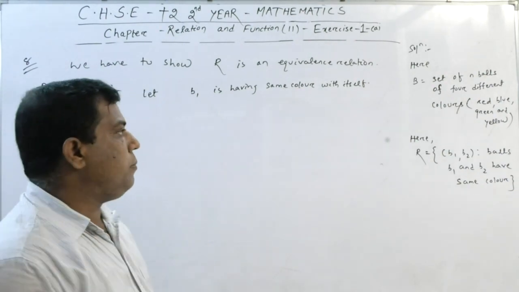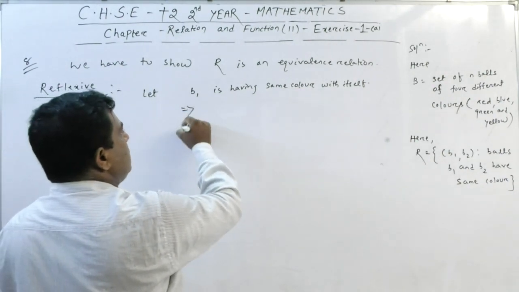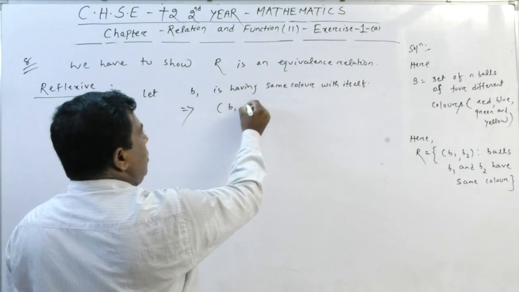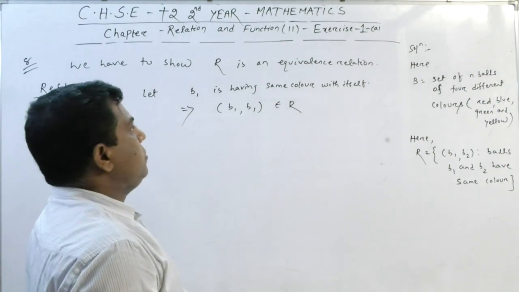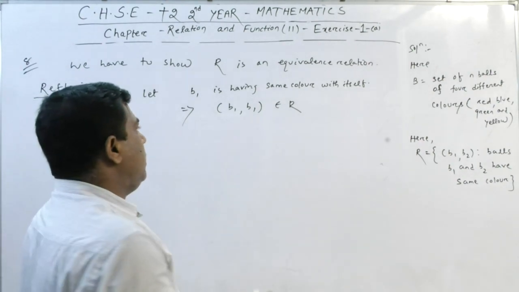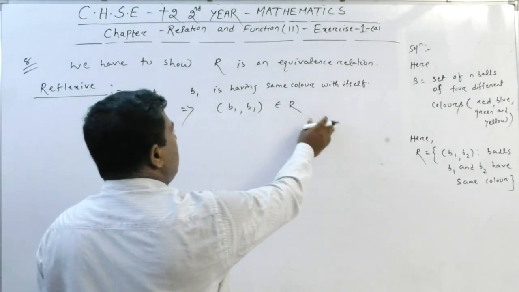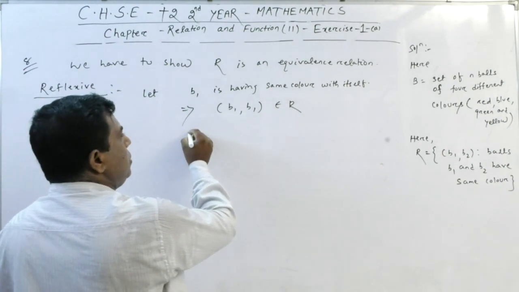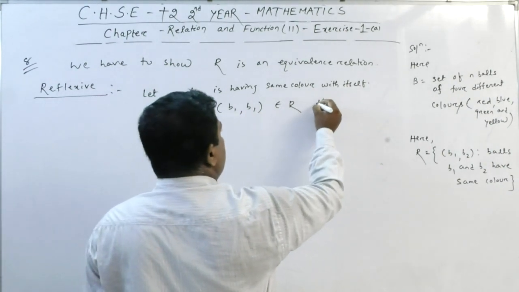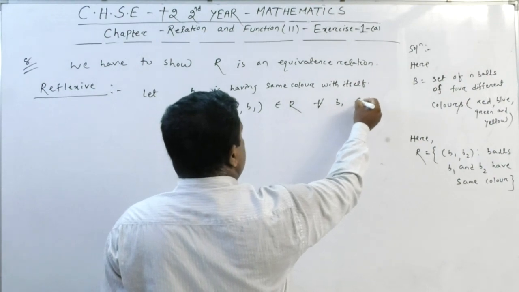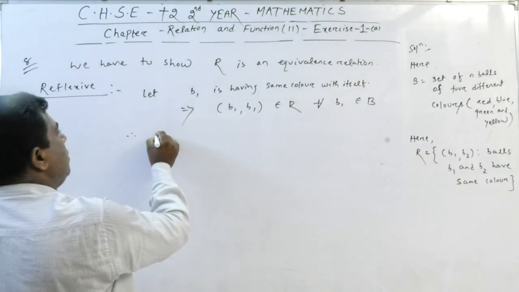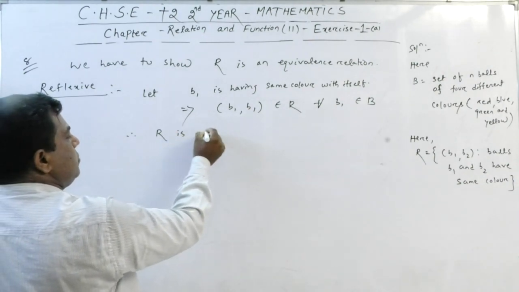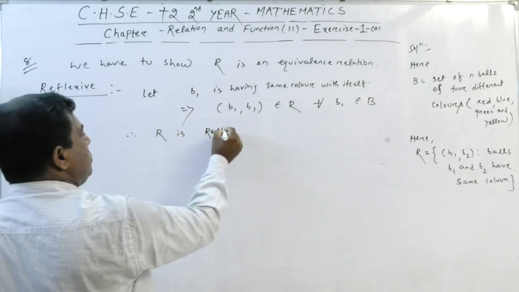So it has the same color. That implies (B1, B1) belongs to R, yes or no? As the color of B1 is equal with the color of B1, for all B1 belonging to B. Therefore, R is reflexive in nature.